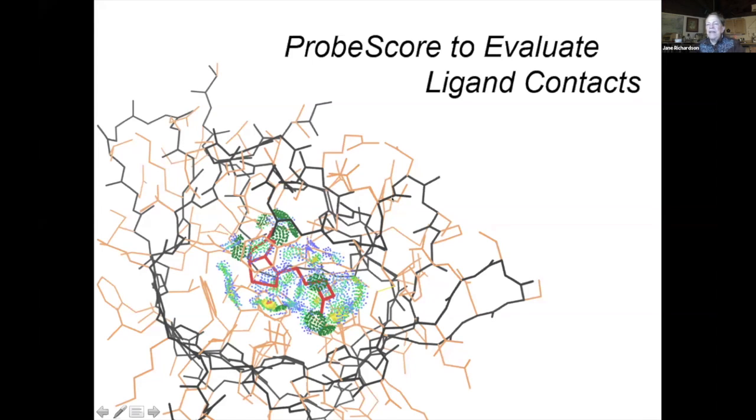So you're seeing, for instance, a rough measure of how tight and good the binding of that ligand is. If there were no good contacts, it wouldn't bind there. And so if you model it and it doesn't have good contacts, either a lot of clashes or very few other contacts, then you've got the model of the ligand wrong.